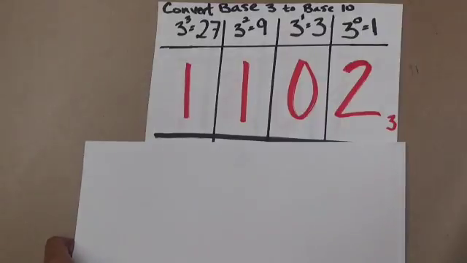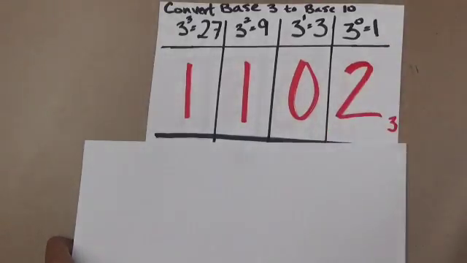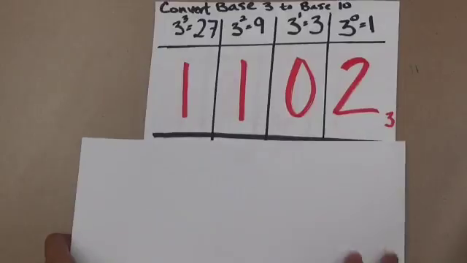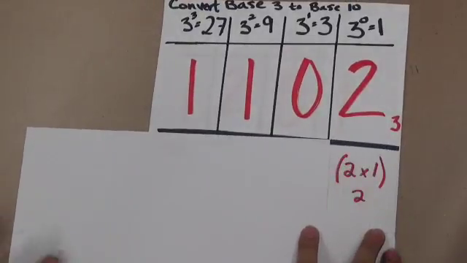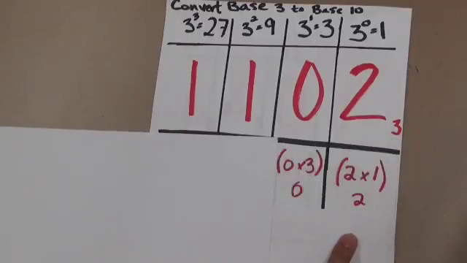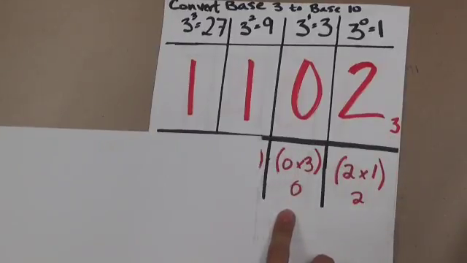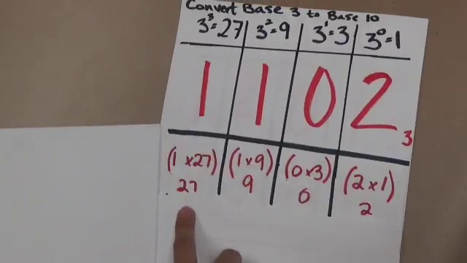Now we are going to be converting the number of base 3 to base 10. In order to complete this process, we would have to multiply the number by its place value. Now, starting from right to left, we're going to multiply 2 times 1, which is 2, 3 times 0, which is 0, 1 times 9, and 1 times 27.